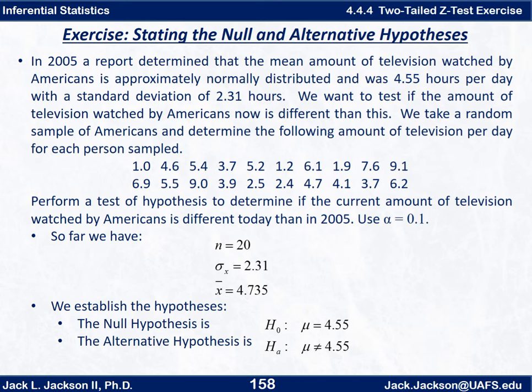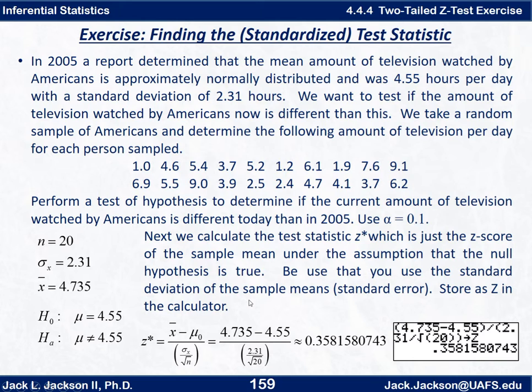The alternative hypothesis is that mu is just something different than 4.55. And notice again, just reviewing, we have n equals 20, the standard deviation of individual x's is 2.31, and the sample mean x bar is 4.735.